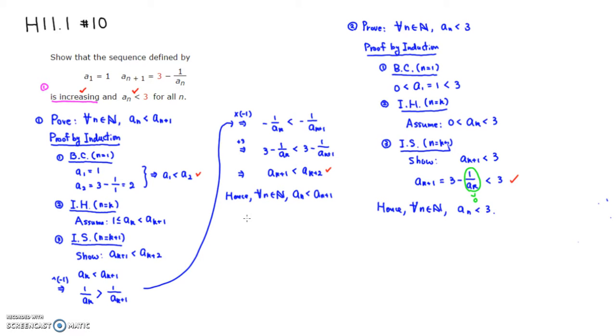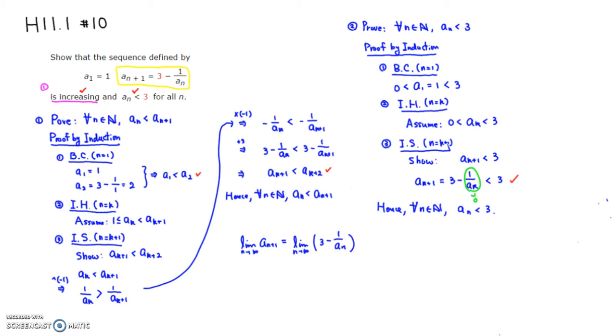So what you need to do is look at this recursive formula and take the limit of both sides, right? So the limit of an plus 1 as n approaches infinity is equal to, we take the limit of the right hand side, which is 3 minus 1 over an.